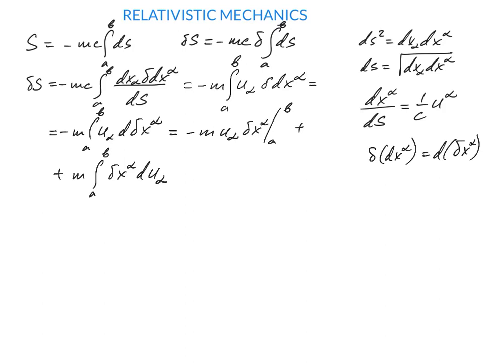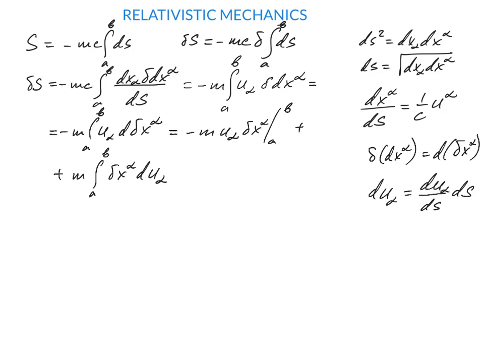Now what is du alpha? Well, we better write this in the way where du alpha is differentiated with respect to ds, because after all the trajectory can be parametrized by the interval s.